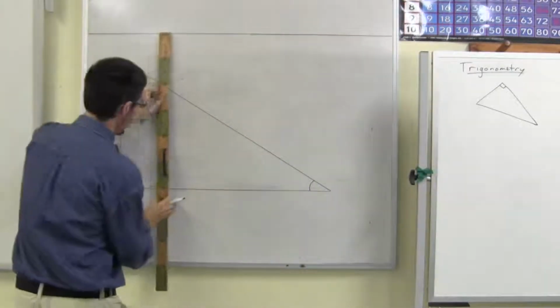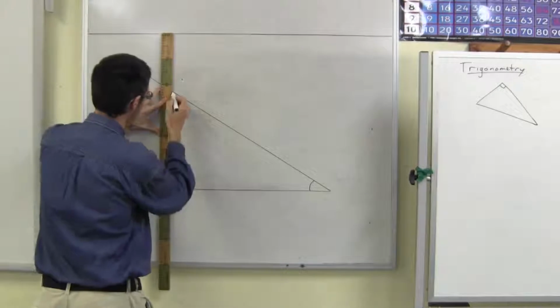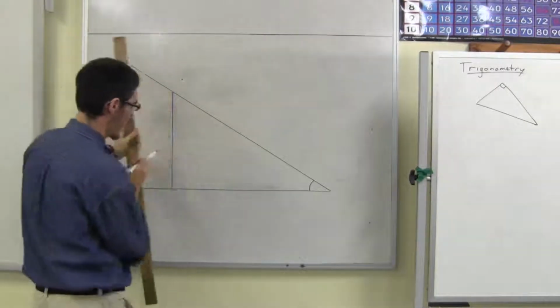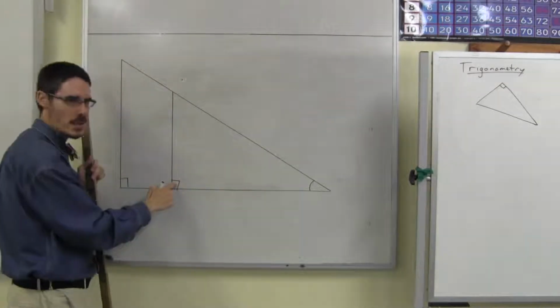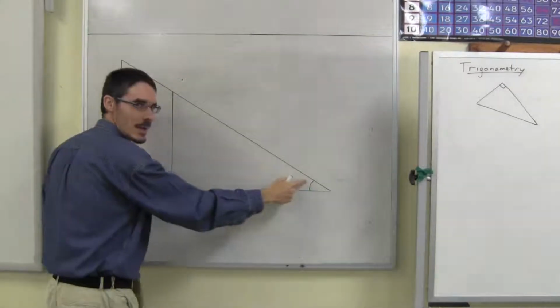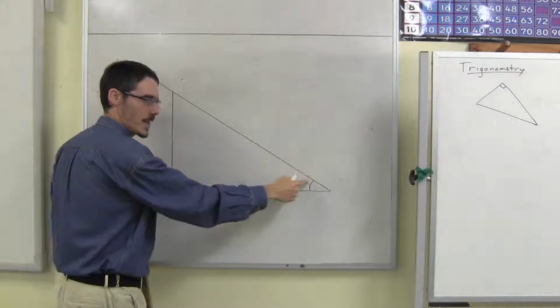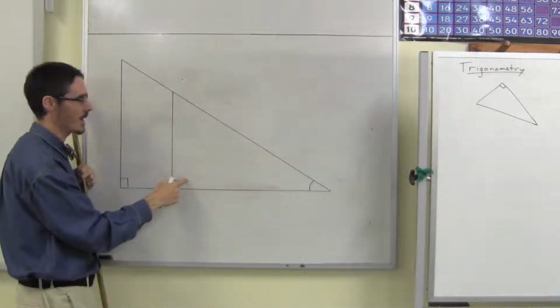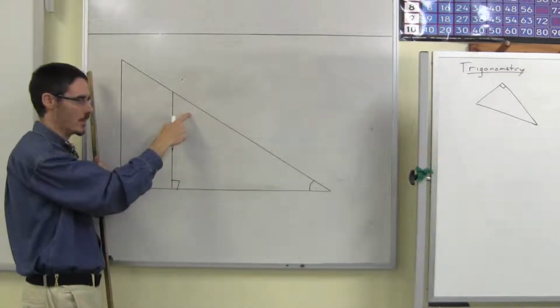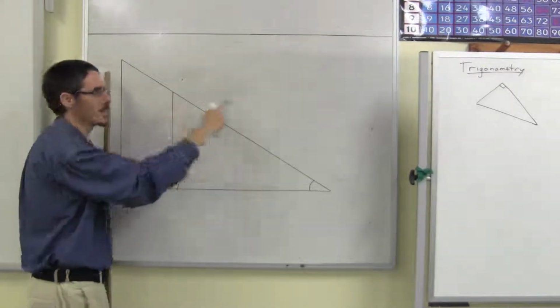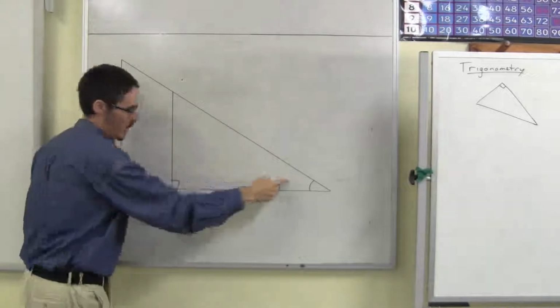But if I were to draw a different triangle, this one, so this small one here, that has a right angle in it, it also has the same angle here. And of course, if it has the same angle here and a right angle here, then these angles must also be the same. Because to work this out, I just go 180, the number of degrees in a triangle, minus those two.